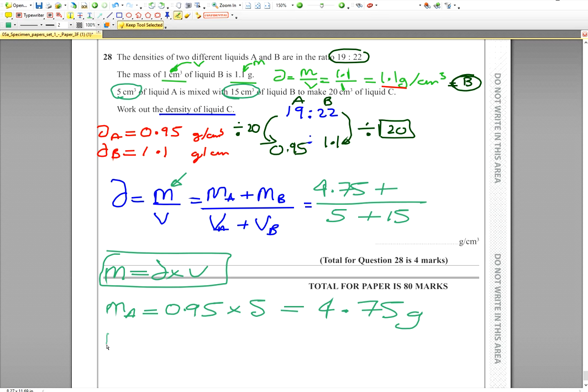Right, next one. What is the mass of B, Zainab? So it'll be the density of B. What's the density of B? It is 1.1. Halima? So what is the volume of B? 15. Well done. So 1.1 times by 15 is equal to? 16.5.